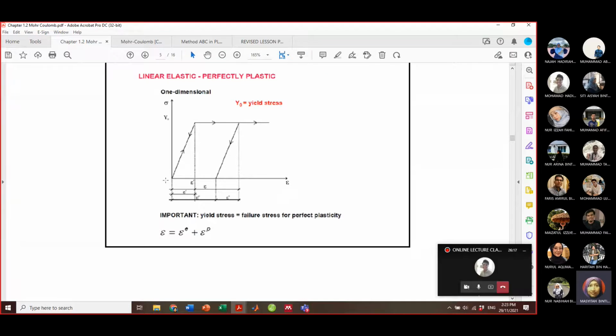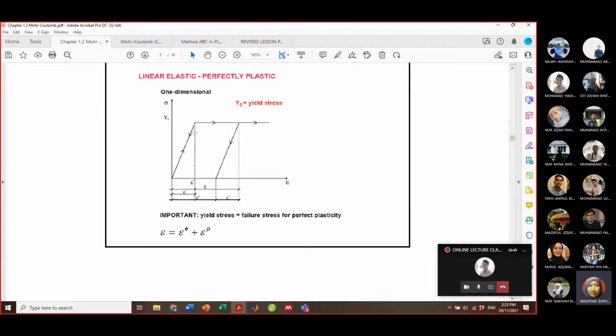At this part, you have a linear region, and the other side here is a failure region or plastic region of the sample. The other thing is that from here, the yield stress is equal to the failure stress for perfectly plastic. So this is the condition when you want to explain the plastic zone for the Mohr-Coulomb model or linear elastic perfectly plastic. The yield stress is represented by Y naught.